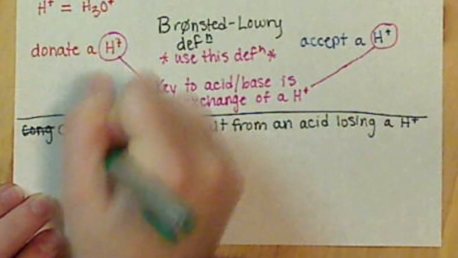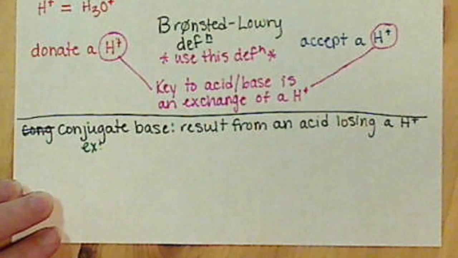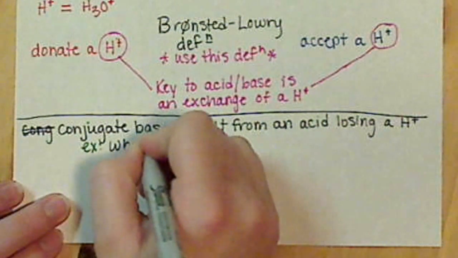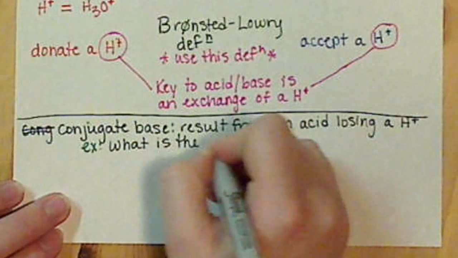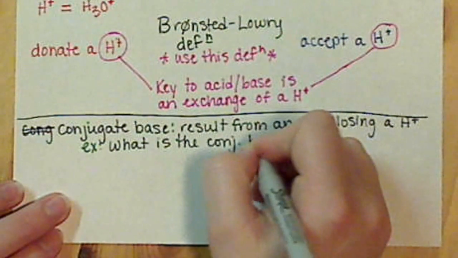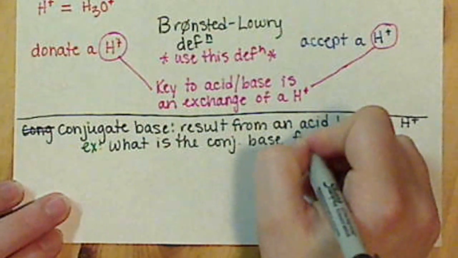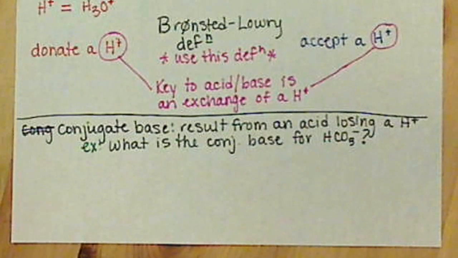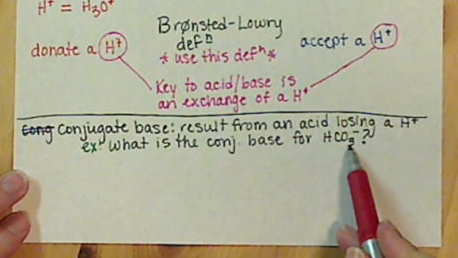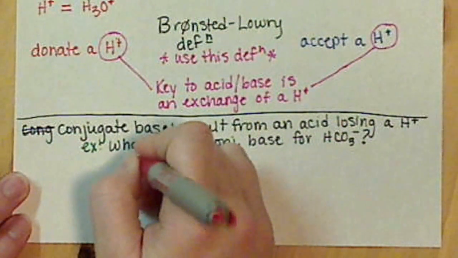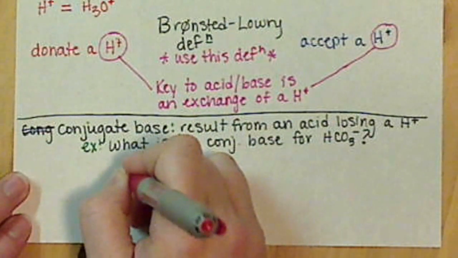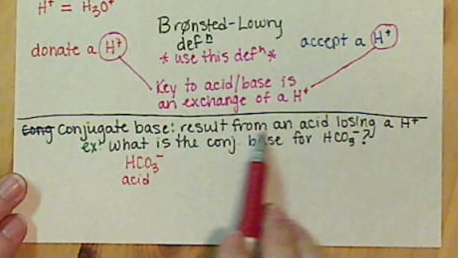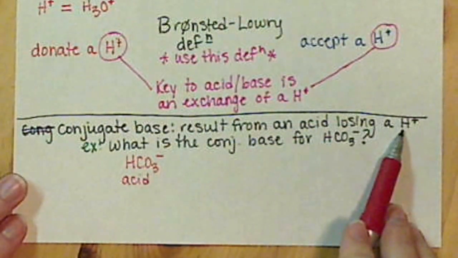So if we look at an example here, we want to know what is the conjugate base for HCO3 minus. So HCO3 minus is an acid in this case. We're going to write the conjugate base, which is the result from our acid losing a proton.